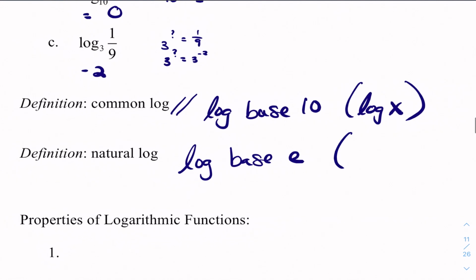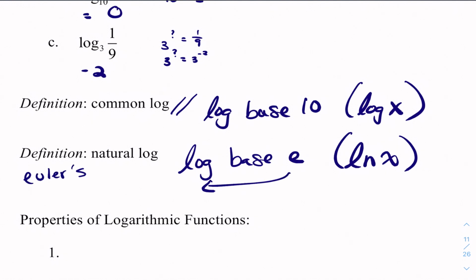And you can find that on your calculator with ln of x. E, if you forgot, is Euler's number, and it is 2.71, a non-repeating, infinite, non-terminating decimal, just like pi.